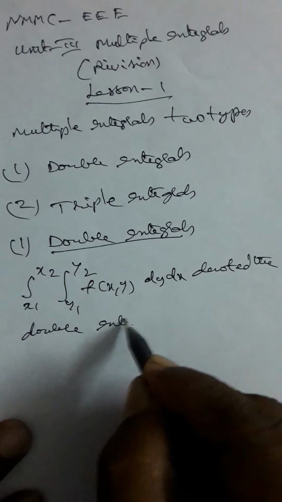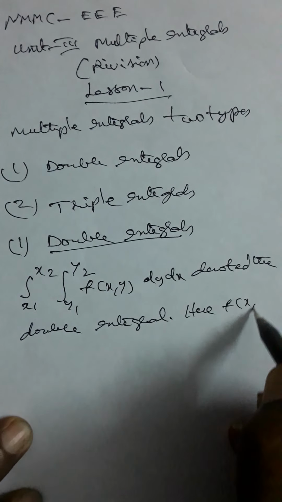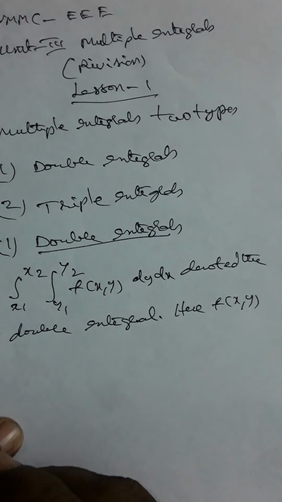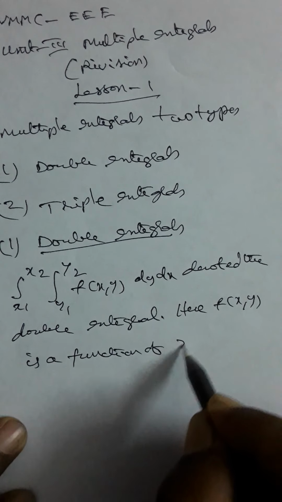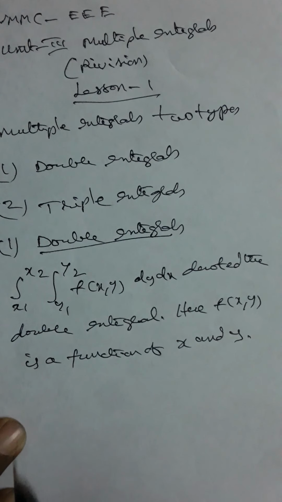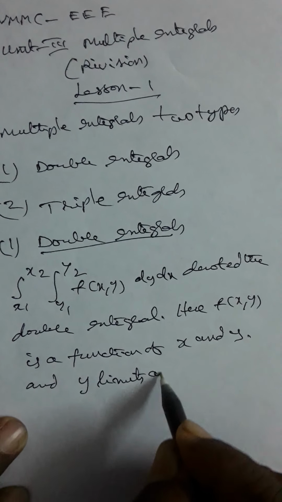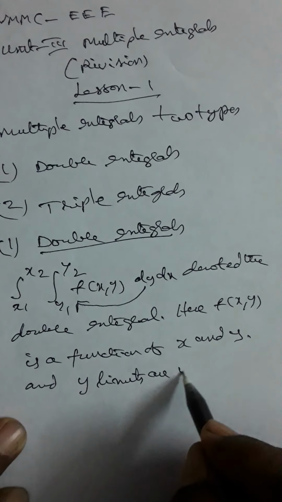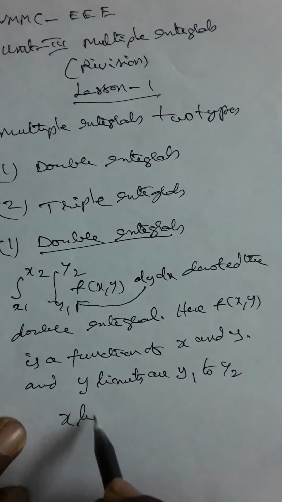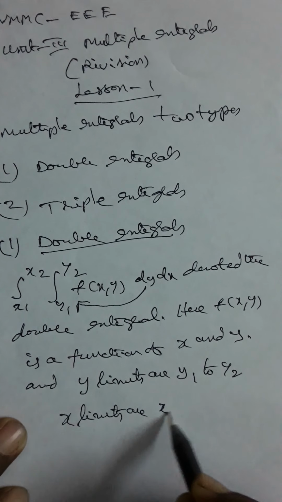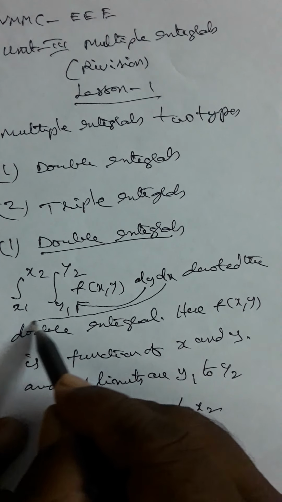Here f of xy is a function of x and y, and the y limits are y1 to y2. The x limits are x1 to x2.